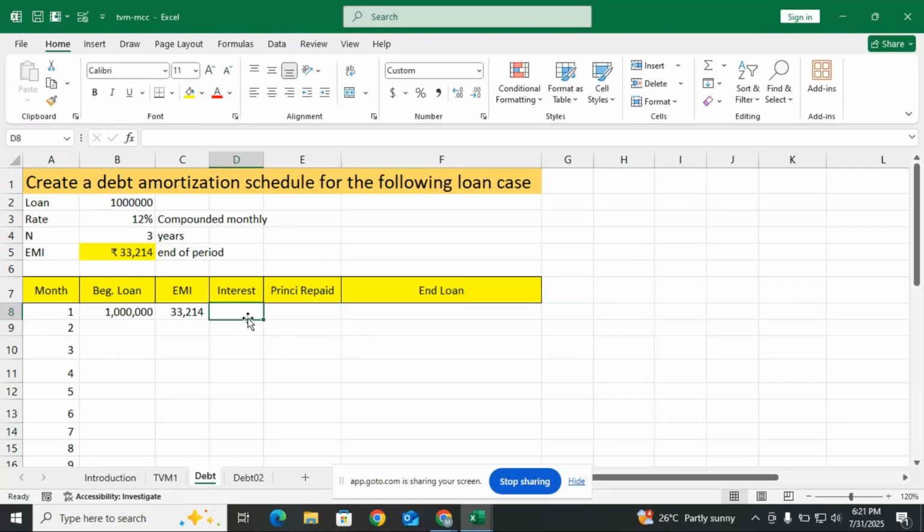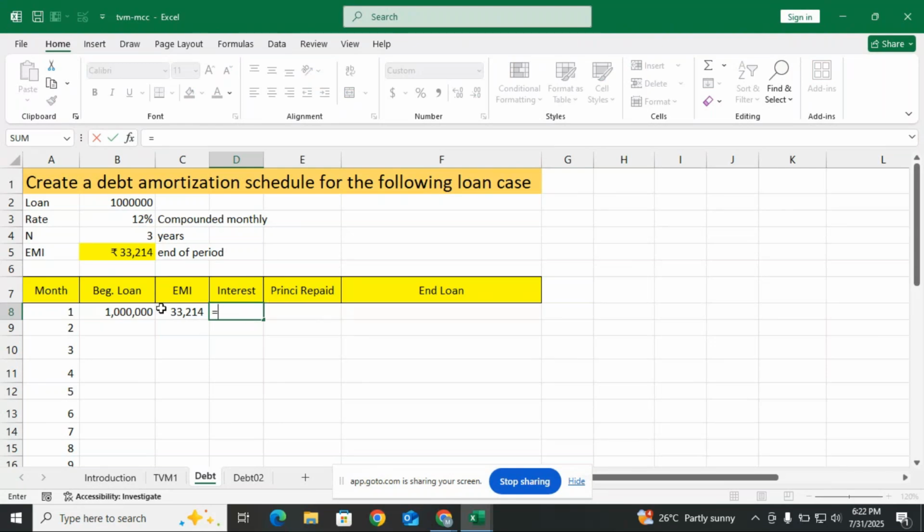Okay. And how do you calculate the interest? Equals to your loan amount into, what is the rate of interest? It is 12%. So 12% divided by 12.